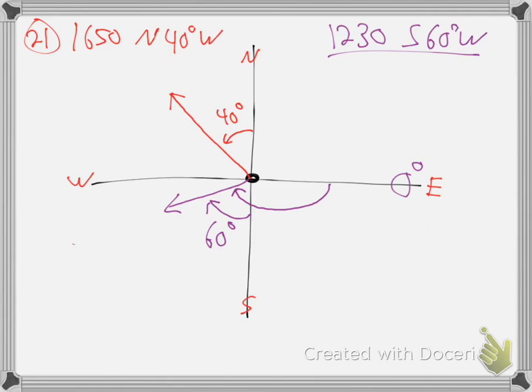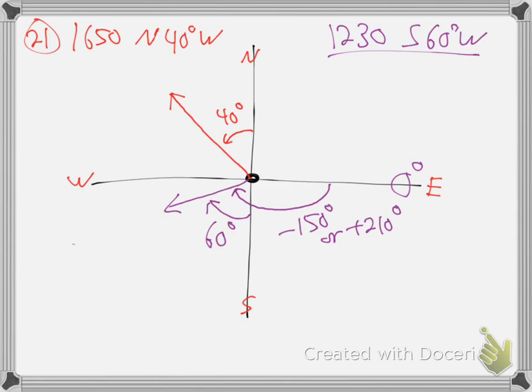Well, this amount is 90, and that's another 60. So that would be negative 150. Or you could go positive, 180 and 30, 210. Either way, it's the same direction you're pointing. Negative 150 or positive 210. Does that make sense?